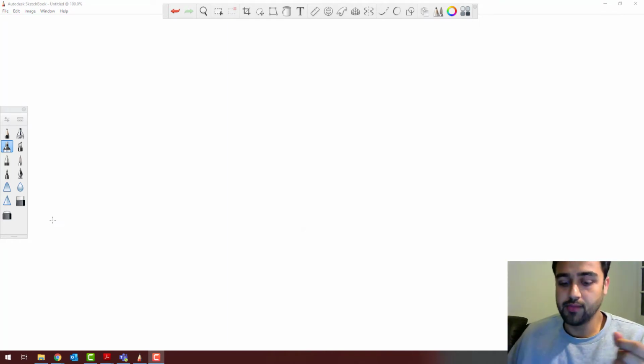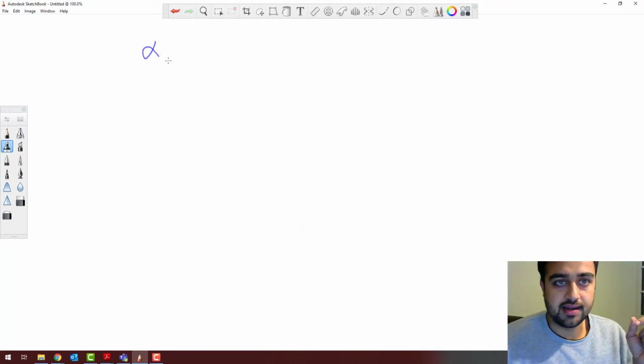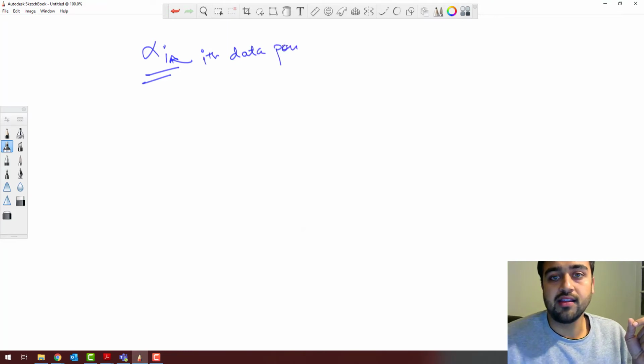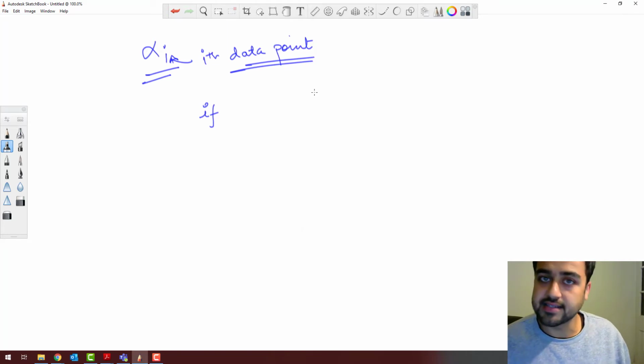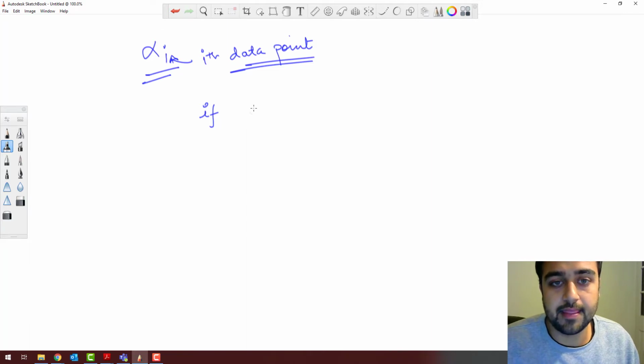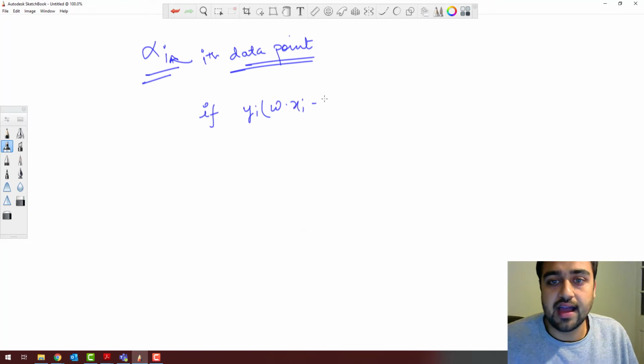So before starting with the dual problem, let's introduce another variable, that is alpha i, where i stands for the ith data point, and the value of alpha depends on the classification of the ith data point, right? So if our data point is correctly classified, then we leave alpha as it is. But if it's wrongly classified, that would mean yi (w dot xi minus t) is less than 1, right?